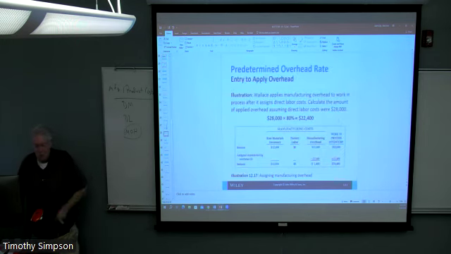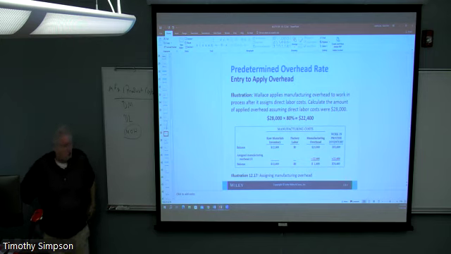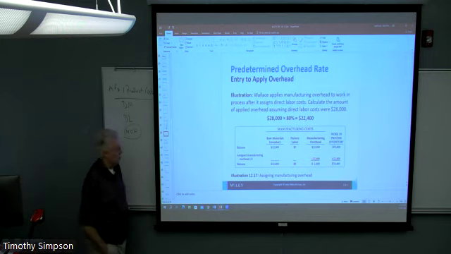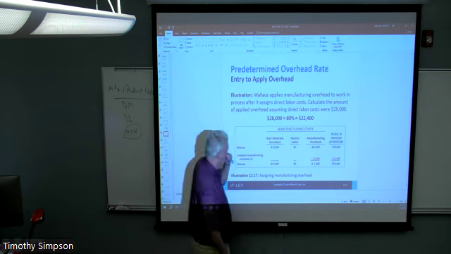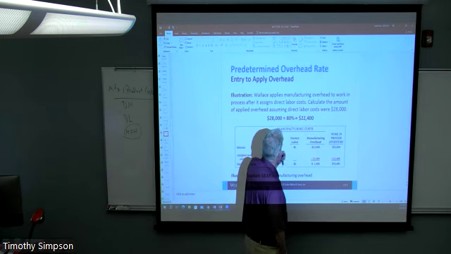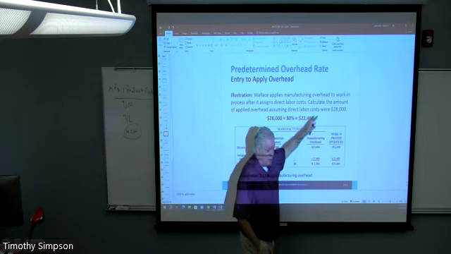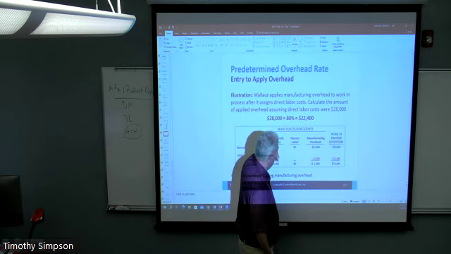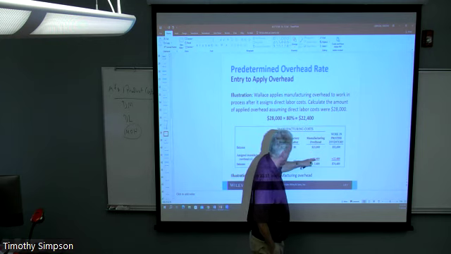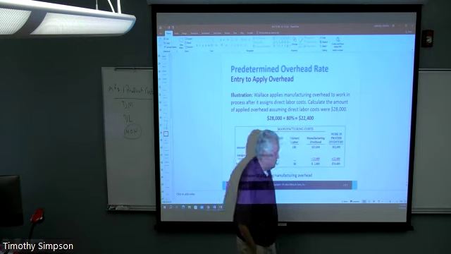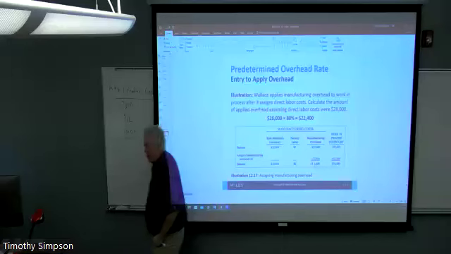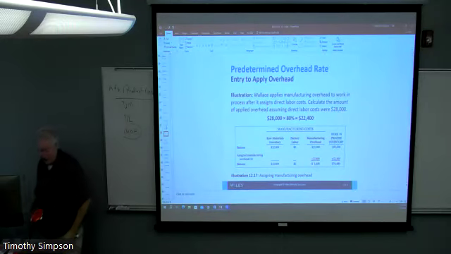In this case, we're now going to start putting manufacturing overhead into work in process inventory. We had 23,800. For this particular accounting period, we have attached 22,400 of manufacturing overhead to work in process. Okay, and right now, these are not subsidiary accounts.